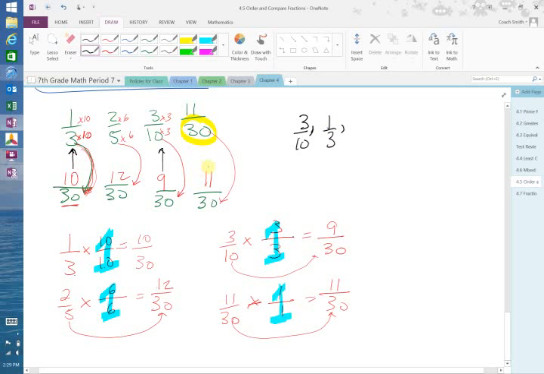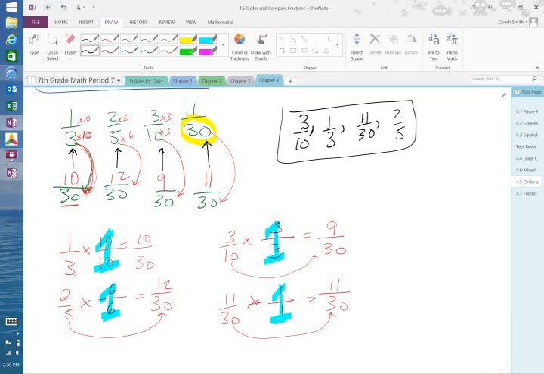The next smallest is 11 on top, and that represents 11/30. The next one is 12, and that represents 2/5. So there's your fractions from least to greatest by using their common denominator for each fraction.